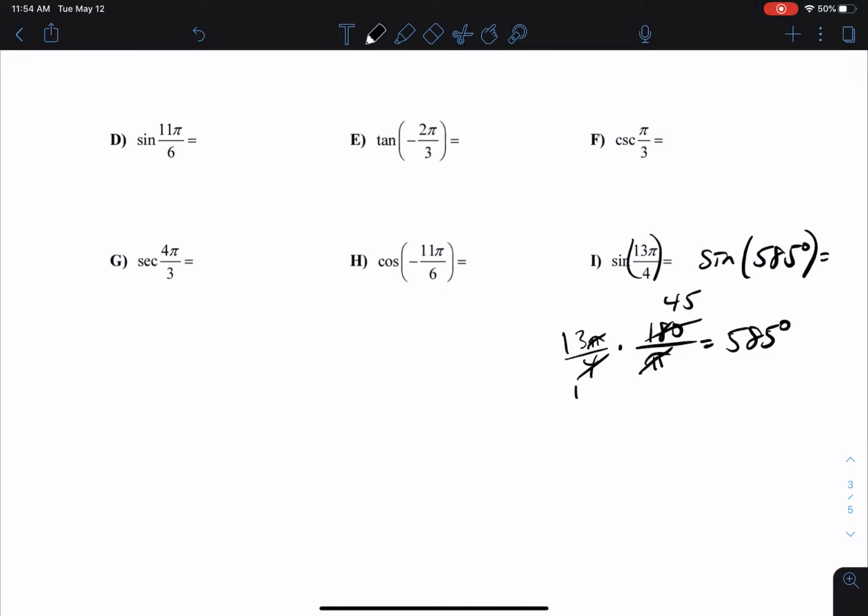If I go all the way around once, that's 360, so 585 minus 360 is going to be 225. So I'm going to go around once and then go 225 more and see where I end up.